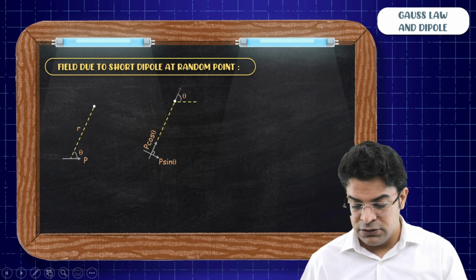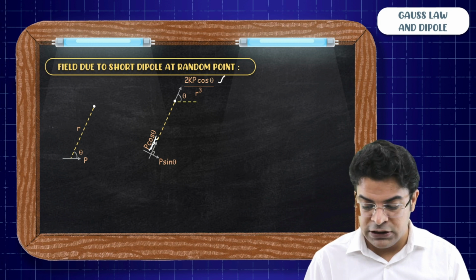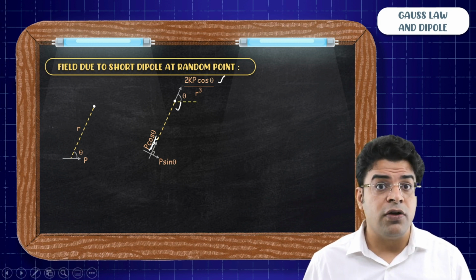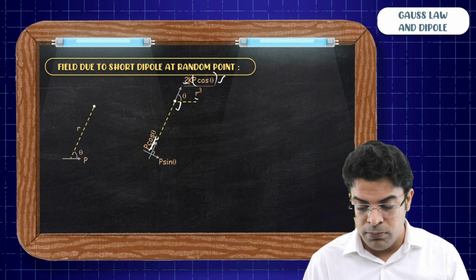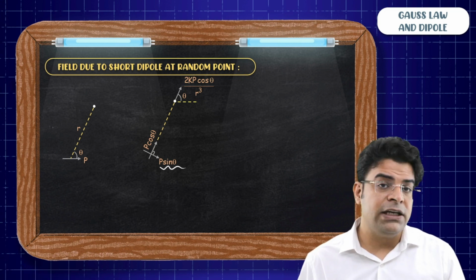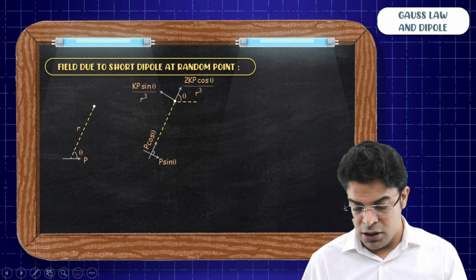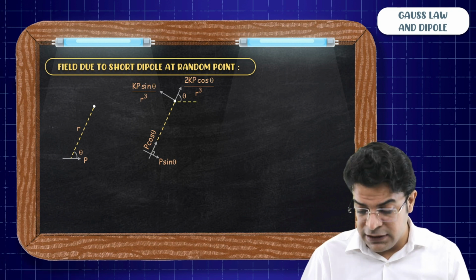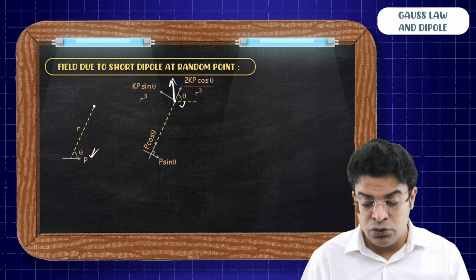So visualize the electric field due to P cos theta. For this, the point is axial, so the strength of electric field will be k into P cos theta into 2 by r cube. And because of P sin theta, the strength of electric field will be kp sin theta by r cube. Now the net electric field at this point due to this dipole will be the resultant of these two electric fields.